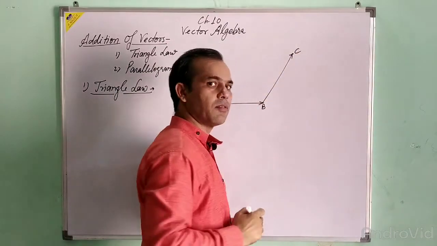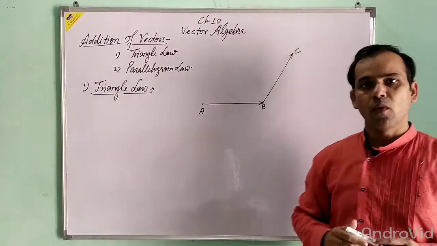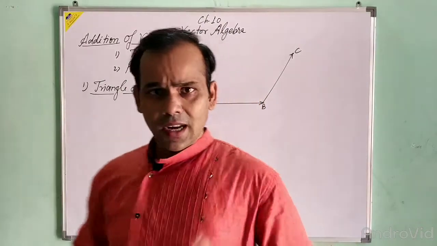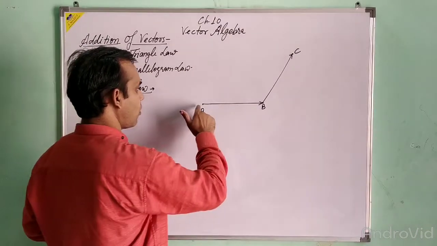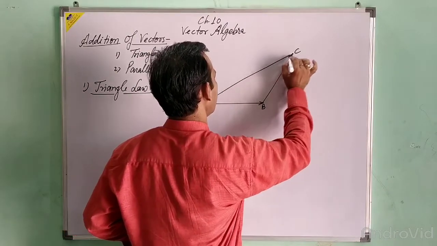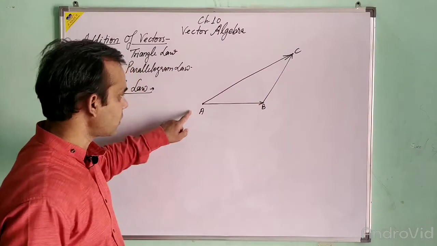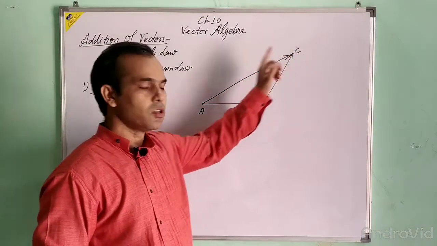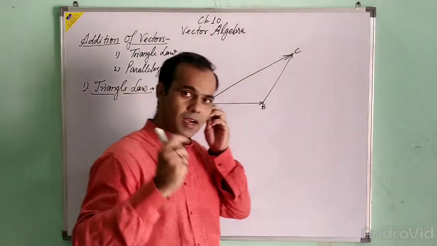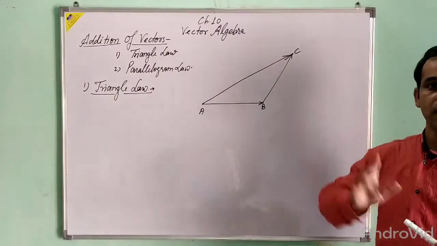So, BC vector will show the displacement from point B to point C. The net displacement of the person from point A to point C will be represented by the vector AC. This is the initial position, this is the final position. So, AC vector is the net displacement of the person from point A to point C.